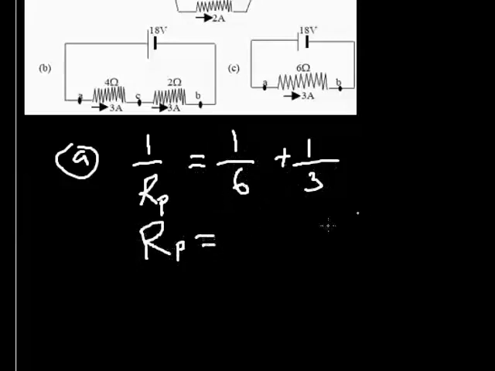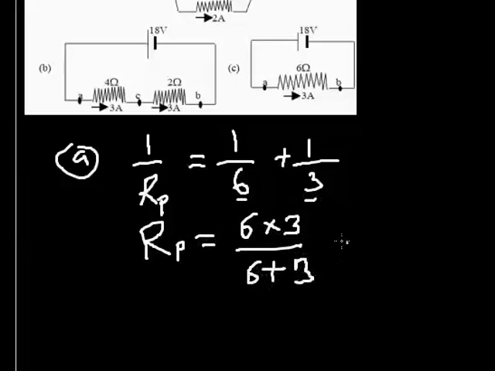The product of the resistors is 6 times 3, divided by the sum of the resistors, 6 plus 3. But if you like, you can go through the LCM. You just use what is convenient for you. So 6 times 3, that's 18?